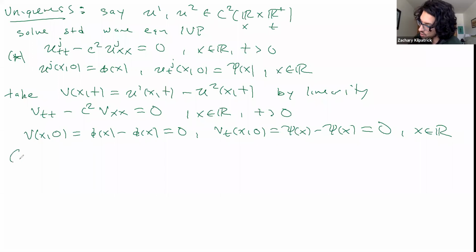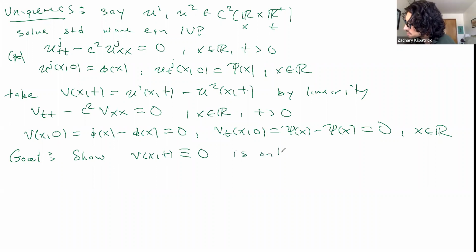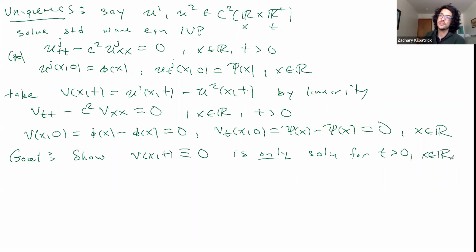So the goal is to essentially show that the only solution to this is v(x,t) is equivalently 0 for t greater than 0 and x in R. It's not enough to just plug in v equals 0 and say, oh, that works as a solution. That's not a strong enough condition. You have to exclude the possibility that there's other solutions.